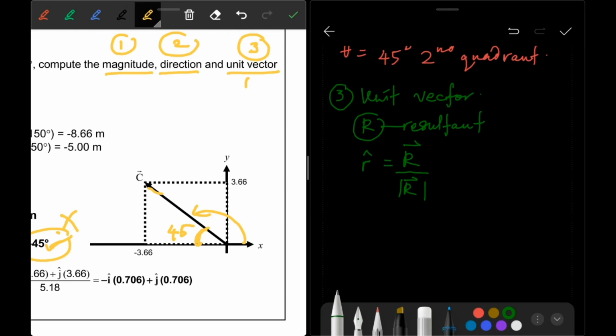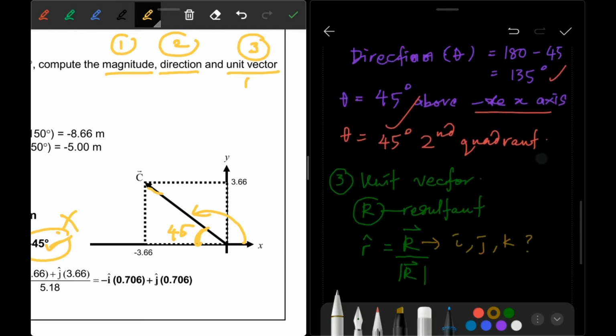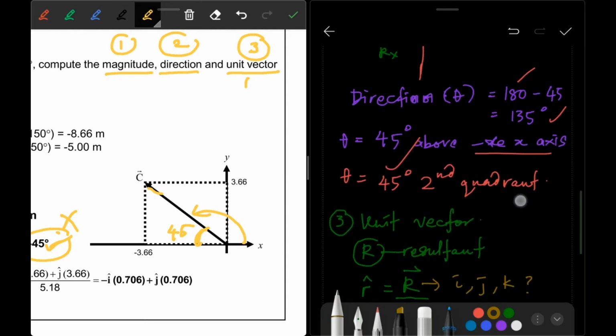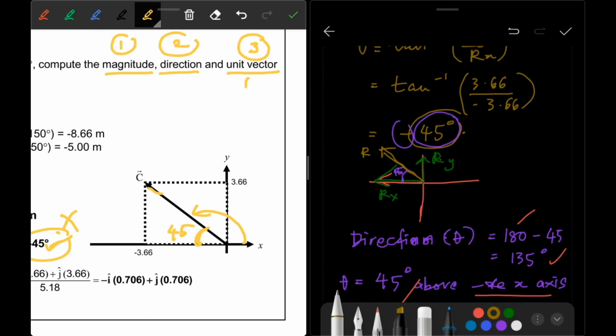So how are you going to write vector R in terms of i, j, and k? For this example, there is no k because this is only 2D. There are only two axes, x and y.